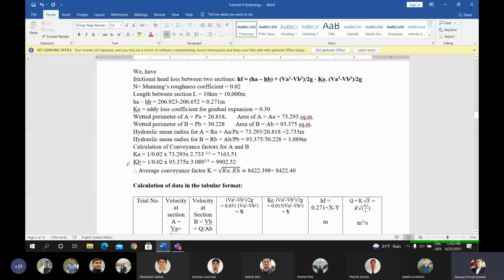The value for the conveyance factor for A will be 7163.51. Similarly, the conveyance factor for B will be 1 by n, area of B into RB power 2 by 3. You will get the value of 9902.52. Now the average conveyance factor K is equal to the square root of Ka into Kb. Okay, under root Ka into Kb, you get the value of 8422.40 meter.